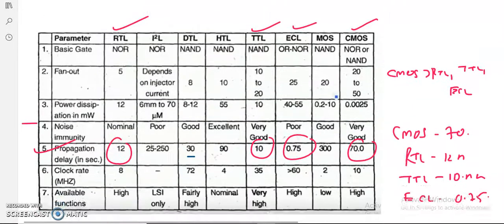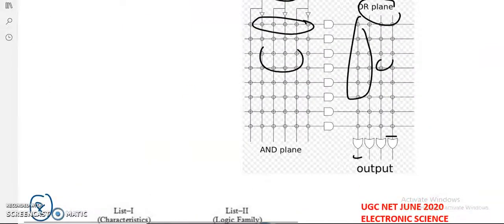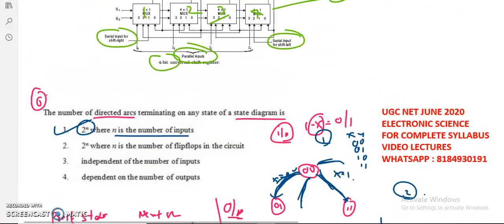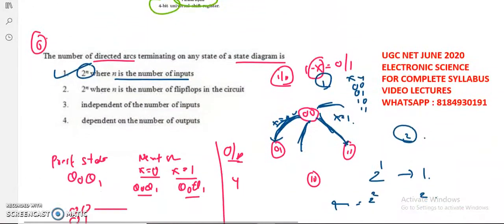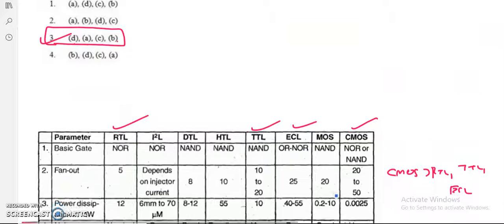These are all the questions based upon digital electronic circuits in June 2019. Of course, two to three more questions are there. Here we did almost a total of nine questions, so you may get nearly ten questions from this digital electronics part.